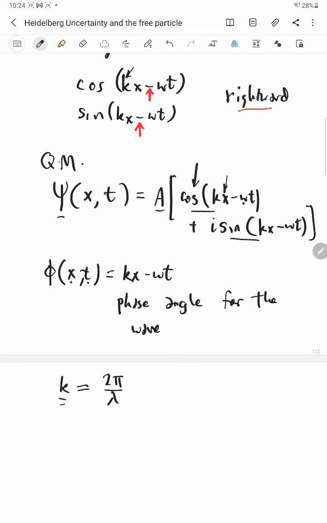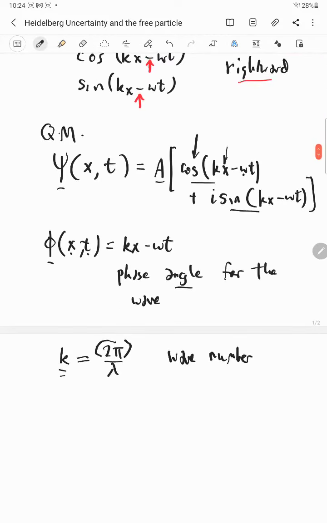The 2 pi is 2 pi radians because the arguments of cosine and sine have to be angles. They are angles. So here's the angle aspect, right? So it's 2 pi over lambda is what k is. This is called the wave number. All right.